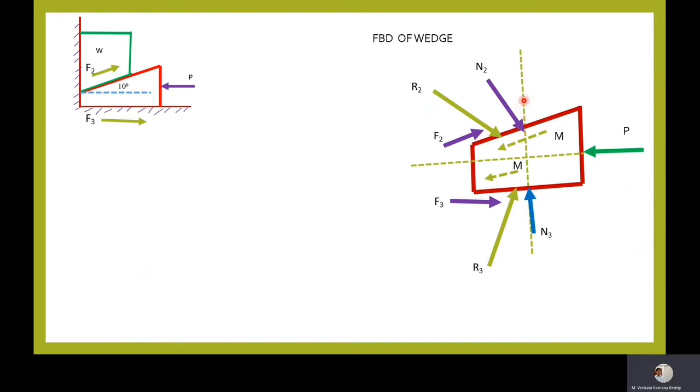This is the wedge angle, 10 degrees. Here 16.7 degrees. Here 16.7 degrees. And this total angle, R2 is making an angle 26.7 degrees with this vertical.